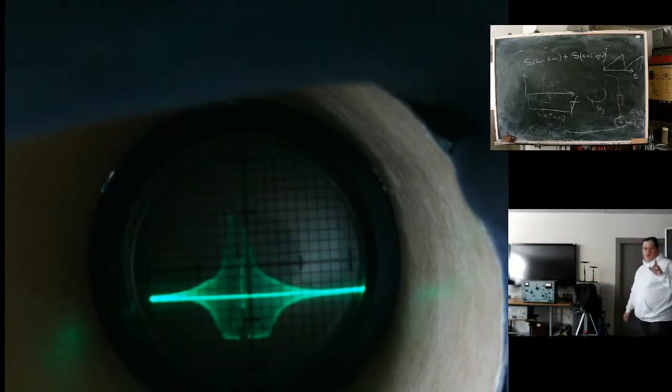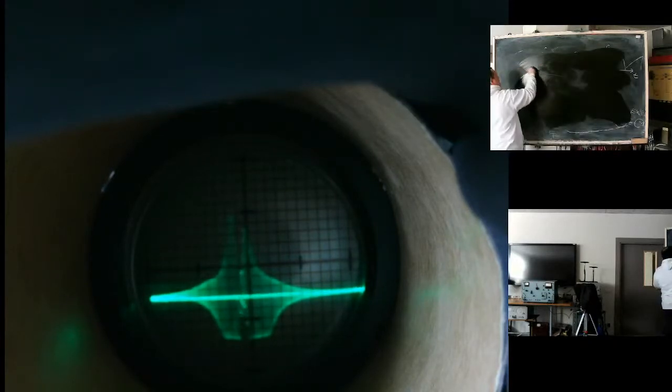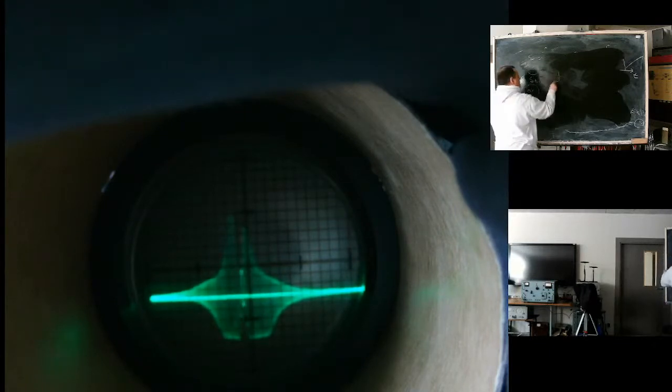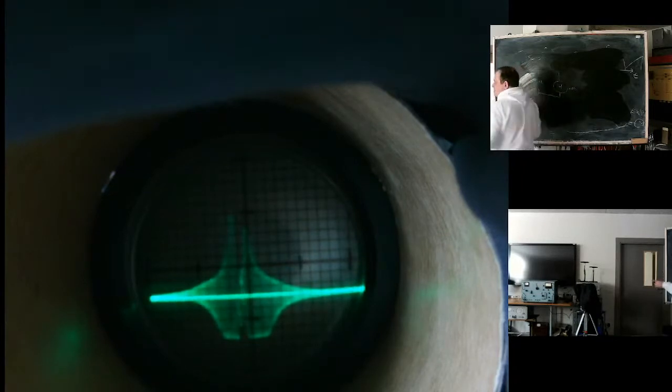What does this experiment prove? We have a pair of coherent signals. They are coherent, so the interference product exists.